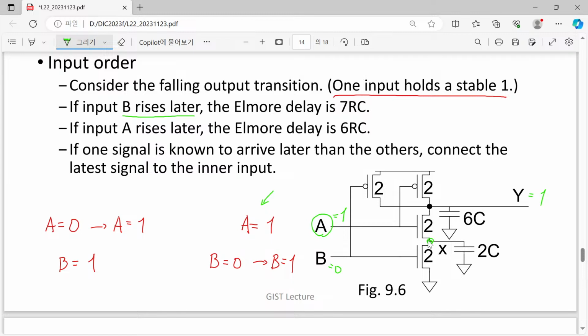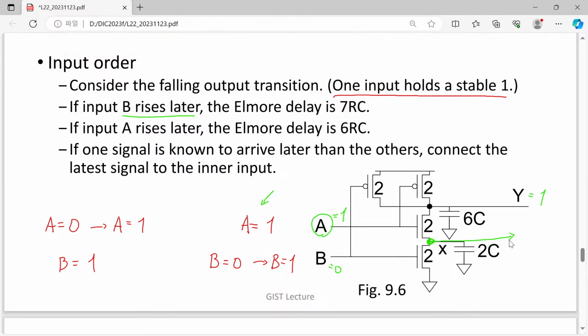Then what will be the value of this node? The value of this node will be simply given by VDD minus the threshold voltage of our NMOSFET. Okay, so are you with me?